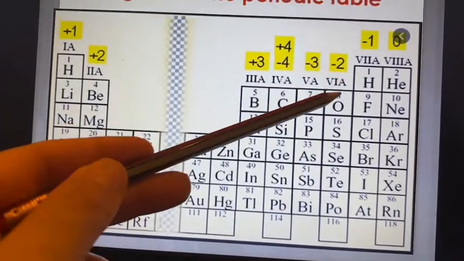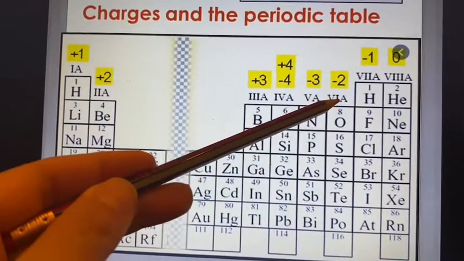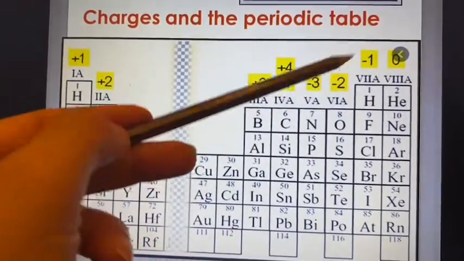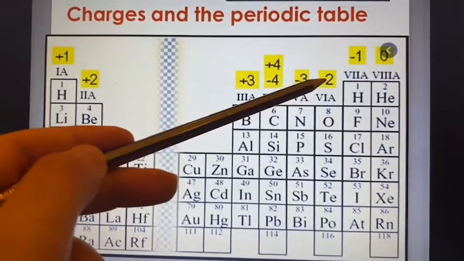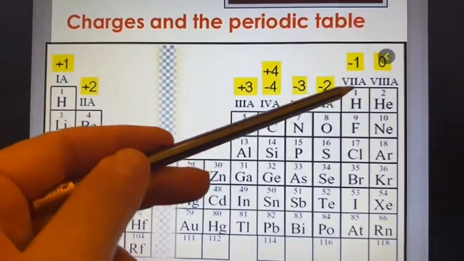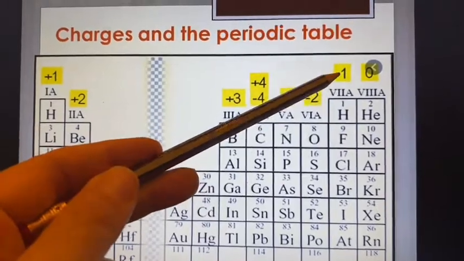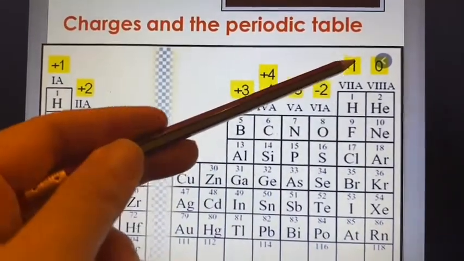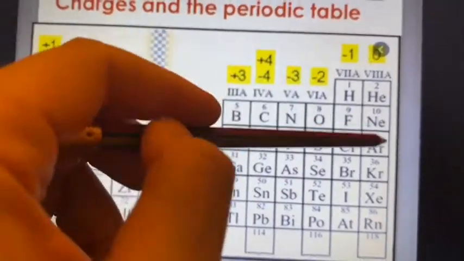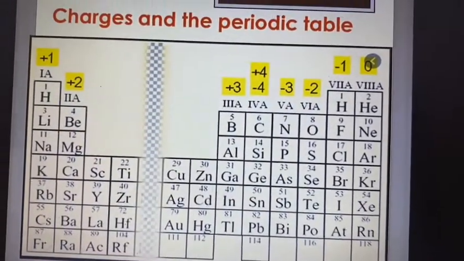In group number 6, they have 6 electrons in the outer shell, so if they gain 2 electrons, they become 8. That's why it's -2. In the halogens, group number 7, they have 7 electrons in the outer shell, so they tend to gain 1 electron to reach 8. So it's -1. Here in the noble gases, it's always 0 because they will not react, they are stable. That's why they are called noble gases.